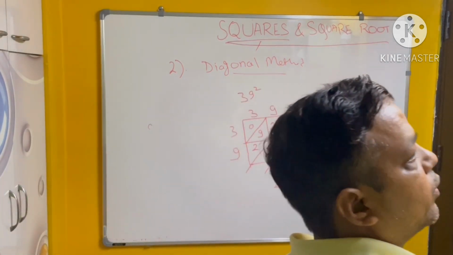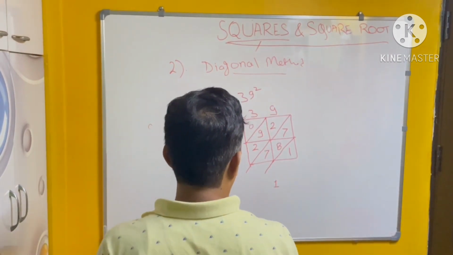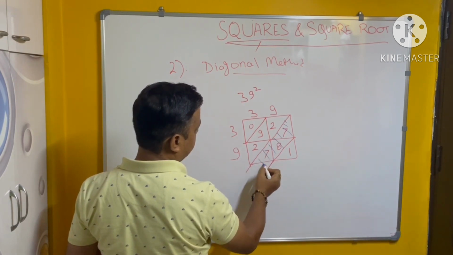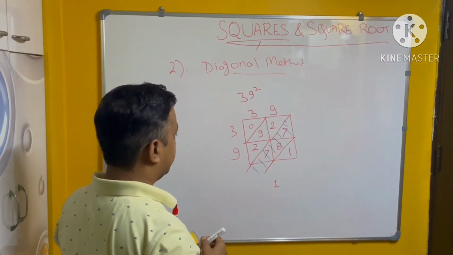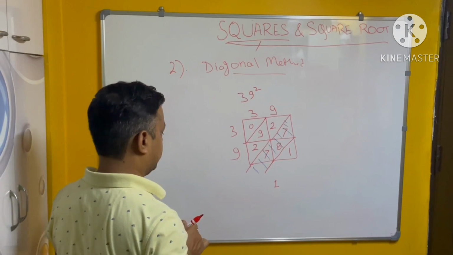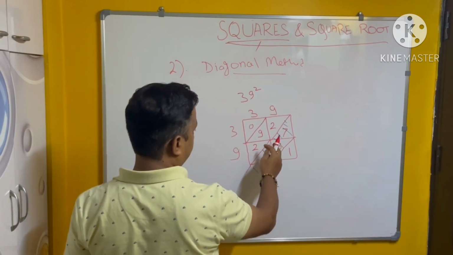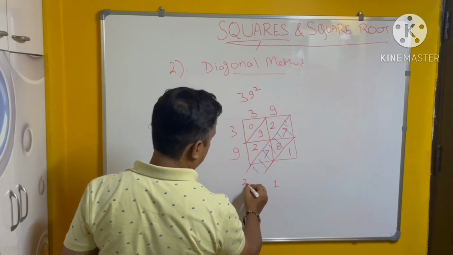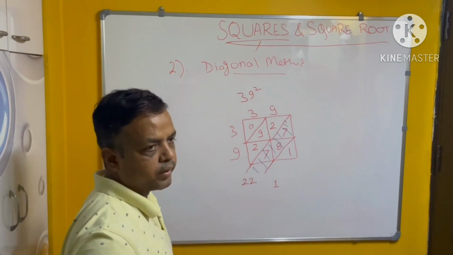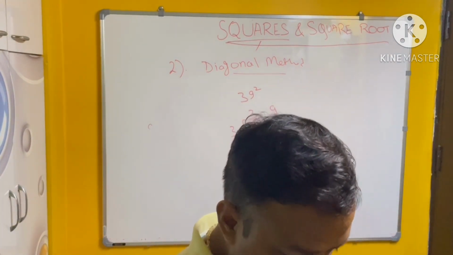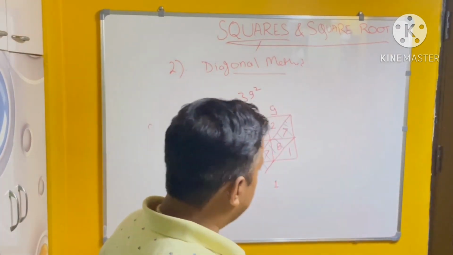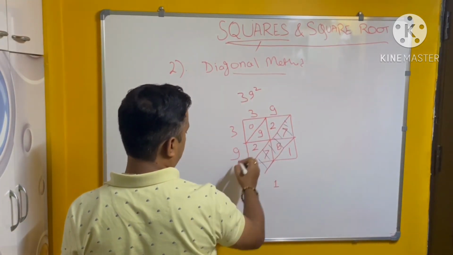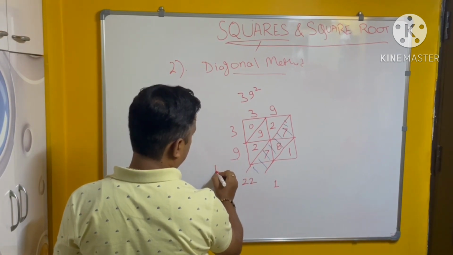Here 1 only, then 7 and 14, 22, and then 4 here, 13.